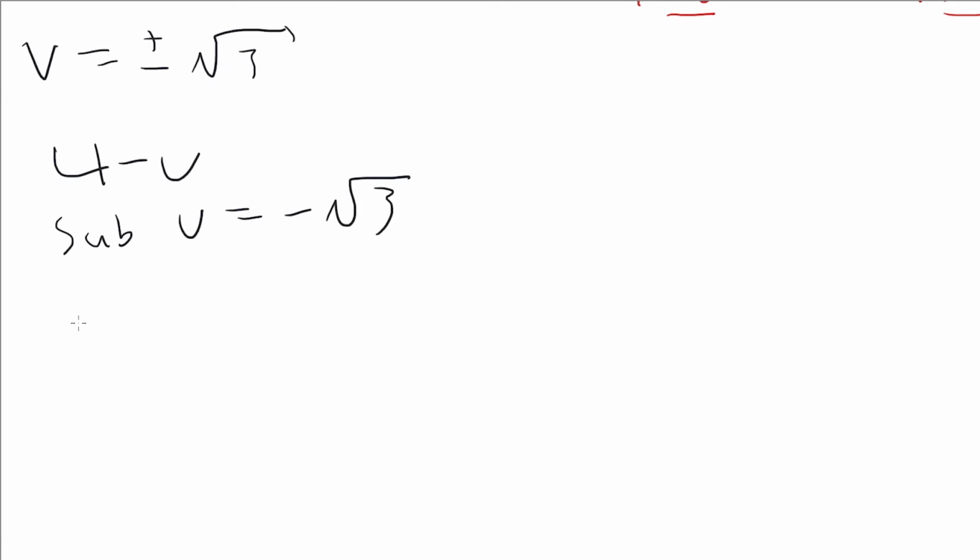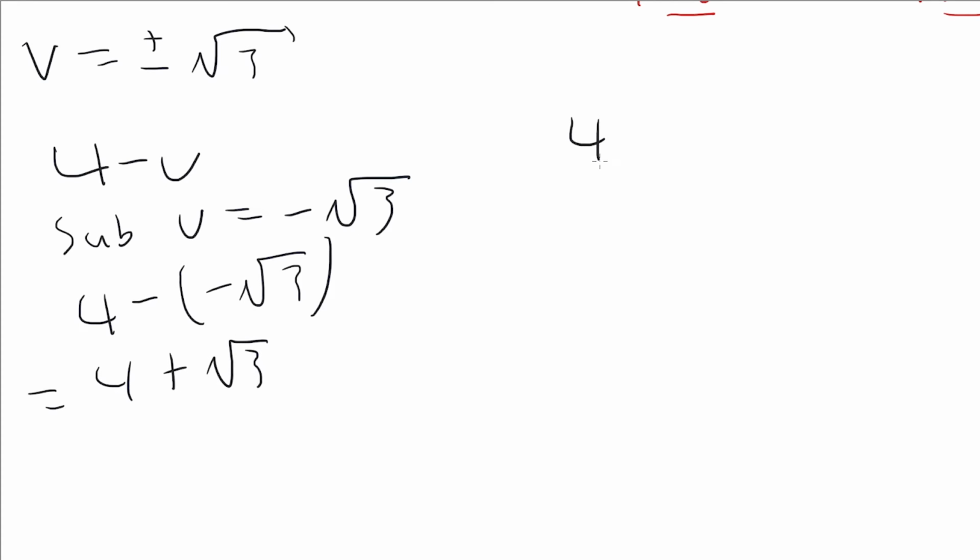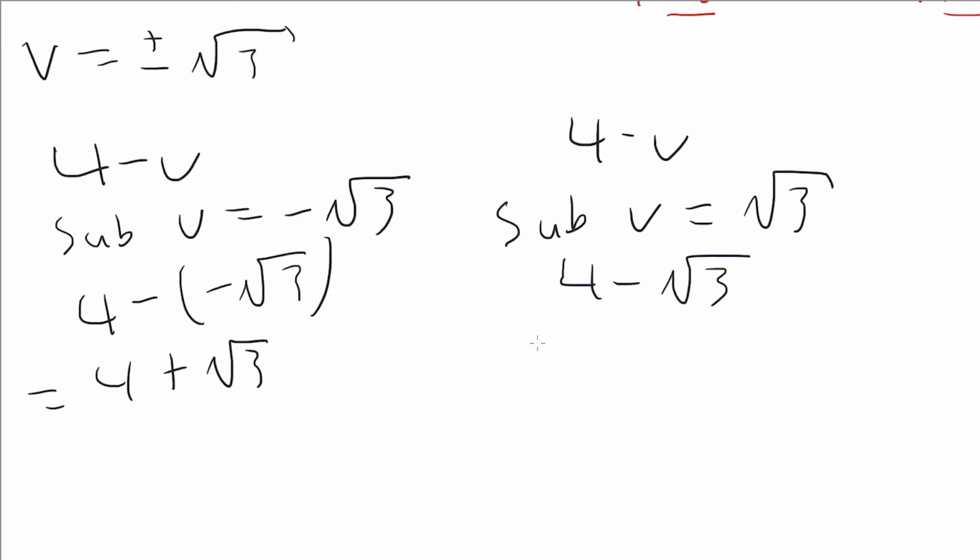If that's the case, we have 4 minus negative square root of 3, which is just equal to 4 plus the square root of 3. Let's write 4 minus v over here, and this time sub v is equal to the positive square root of 3. Well, then we have 4 minus the square root of 3. Can't simplify that any further.